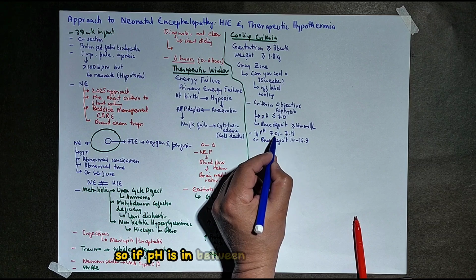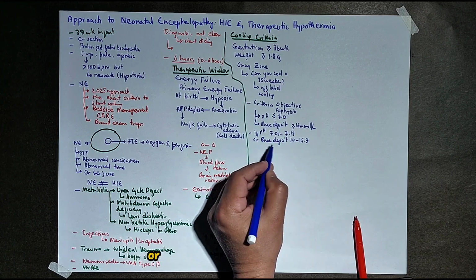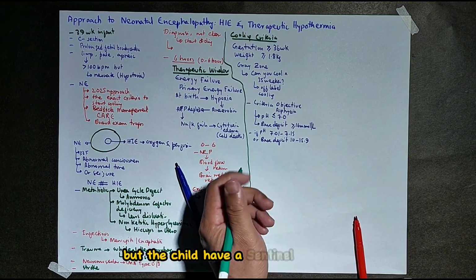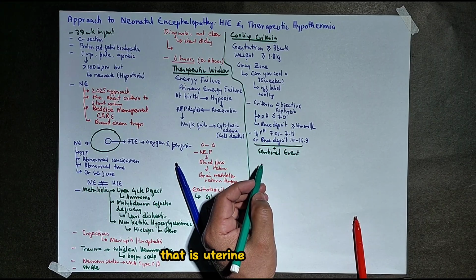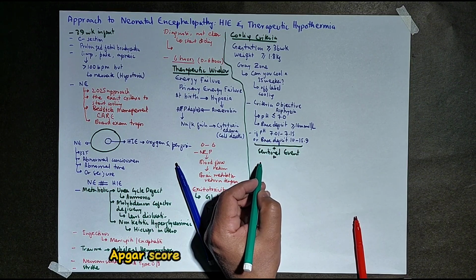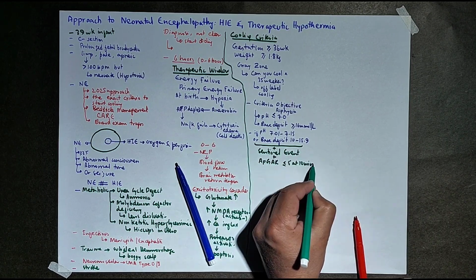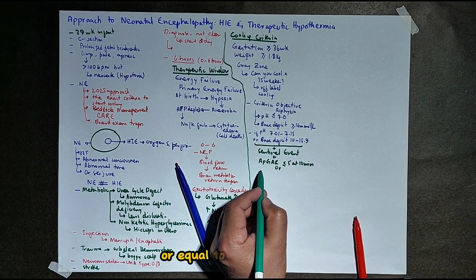So if pH is between 7.01 and 7.15, or base deficit 10 to 15.9, but the child has a sentinel event, that is uterine rupture, cord prolapse, or placental abruption, and Apgar score of the neonate is less than or equal to 5 at 10 minutes, or the baby requires ventilation for more than or equal to 10 minutes.